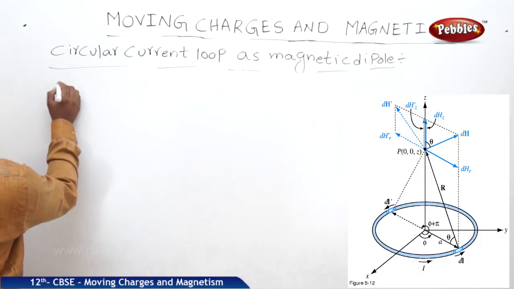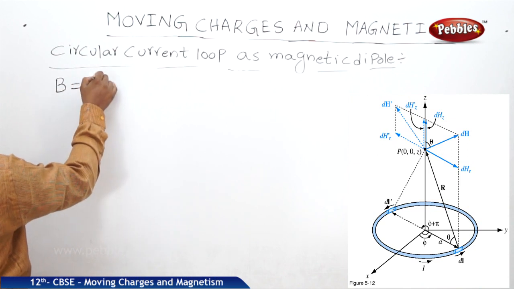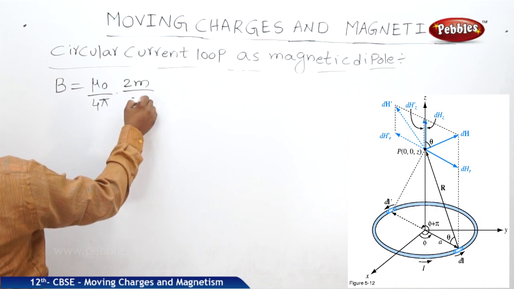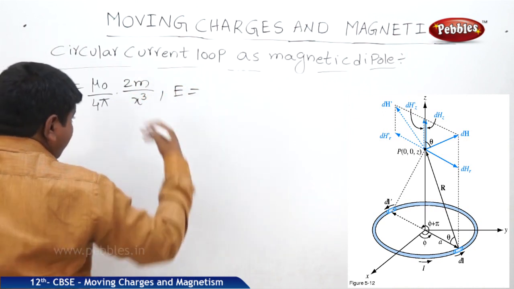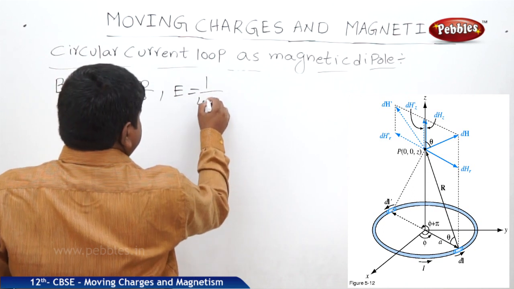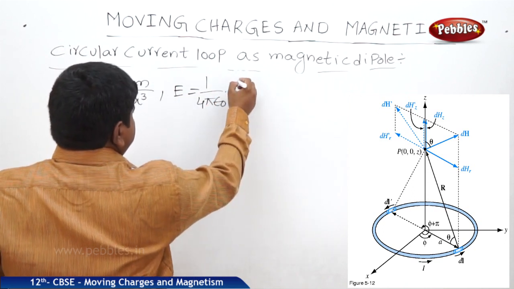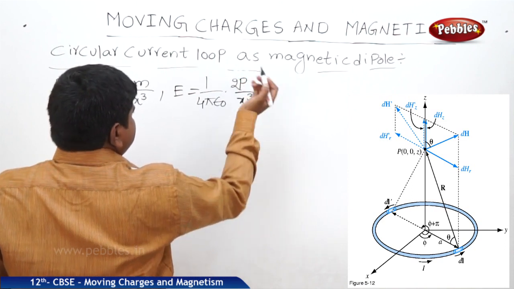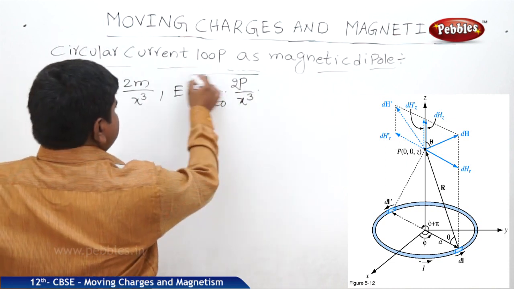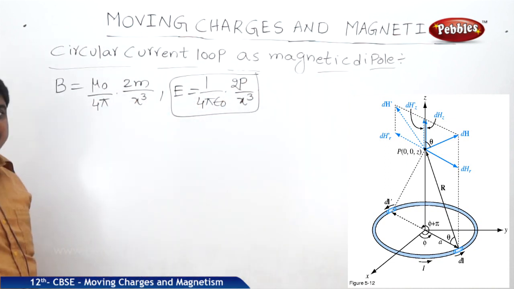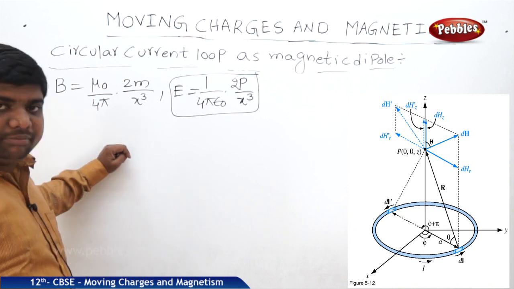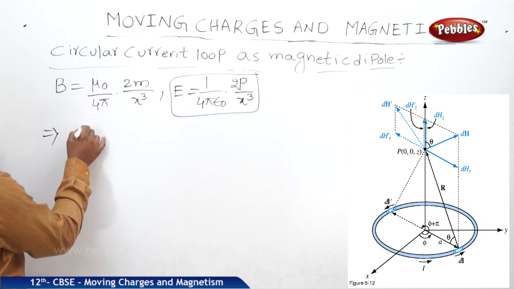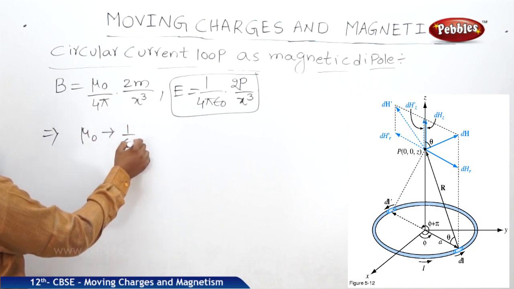So we got the equations: B is equal to mu naught by 4 pi into 2m by x cube, and E is analogous to 1 by 4 pi epsilon naught into 2p by x cube. This equation holds on the equatorial plane or perpendicular bisector. So what are the similarities between these? Mu naught is similar to 1 by epsilon naught.